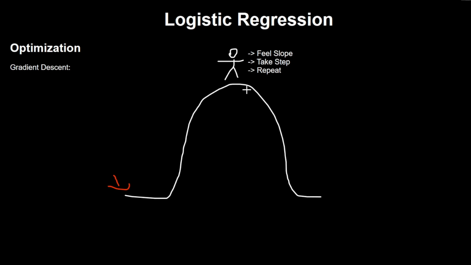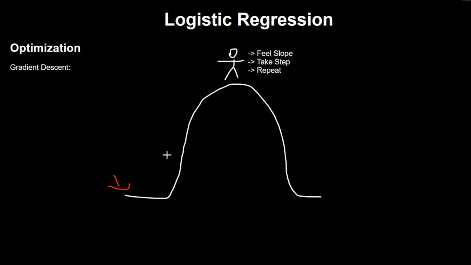If the slope is increasing, the hill will be going upward. If the slope is decreasing, the hill will be going downward. So you are here. If you come here, the slope will be decreasing, so you can feel that the hill is going downward. You have that immediate information of the slope below your feet.